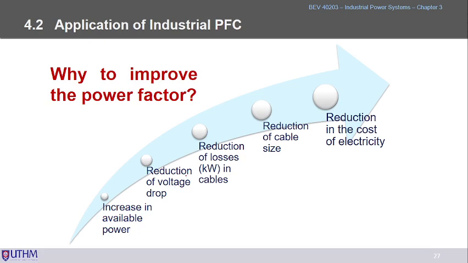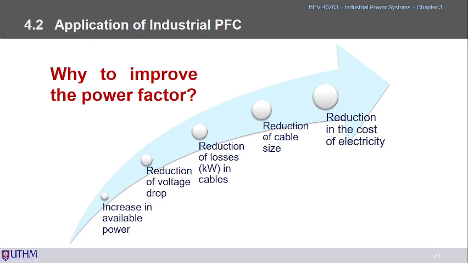Once you increase the power factor, your current is minimized, so you can minimize the voltage drop as well, and of course the losses. And when you have a smaller current, your cable size also becomes smaller, and then the cost of the installation also becomes smaller.